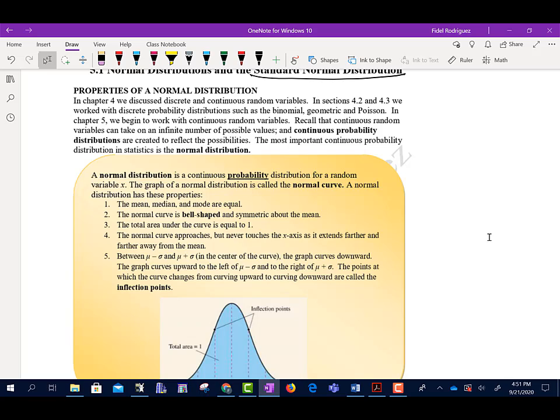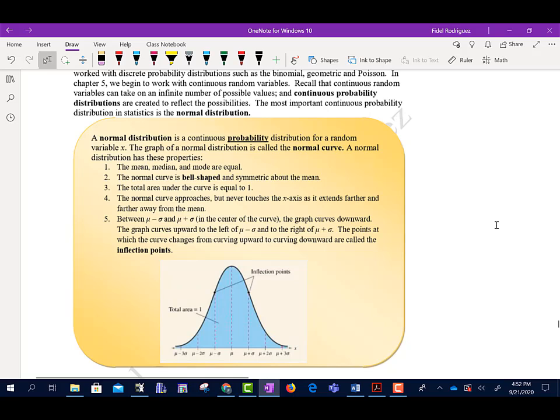The most important continuous probability distribution in statistics is something called the normal distribution. A normal distribution is a continuous probability distribution for a random variable x. The graph of the normal distribution is called a normal curve. A normal distribution has these properties.